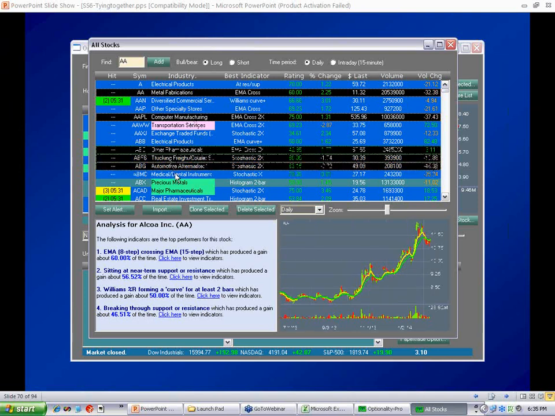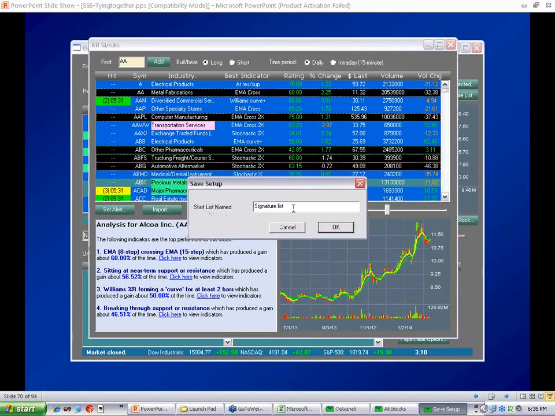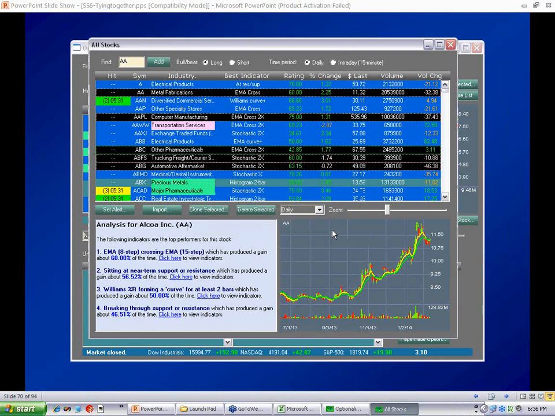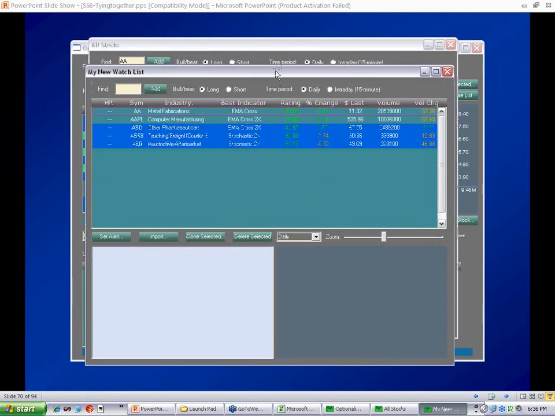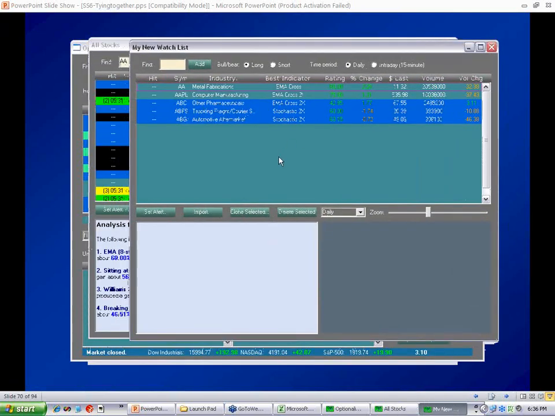Let's say I want these as a watch list. There's a button right here that says Clone Selected. If I click that, I call it My New Watch List, whatever. I now have this as a new signature window. That signature window will now be available every time you launch the product.